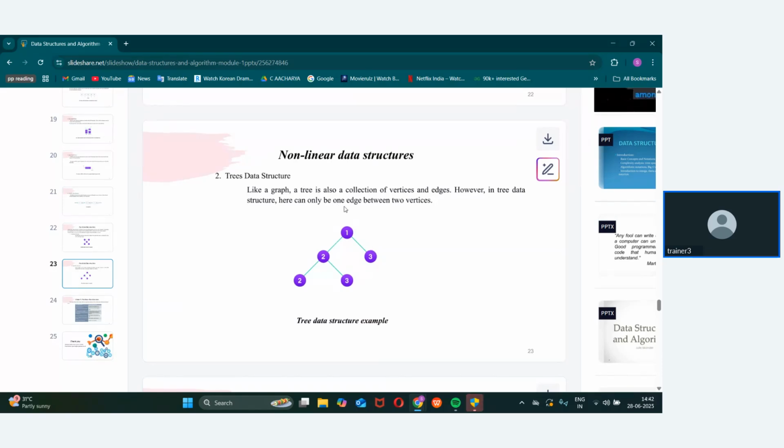You can also call them parent nodes and child nodes.